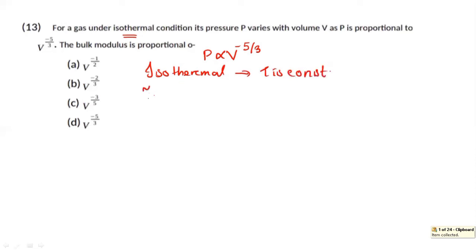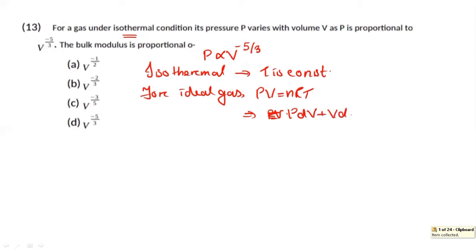Now, for an ideal gas, we have the equation PV equals nRT, right? On differentiation, this will give you P dV plus V dP equals nR dT. dT will be equal to 0, because T is constant.